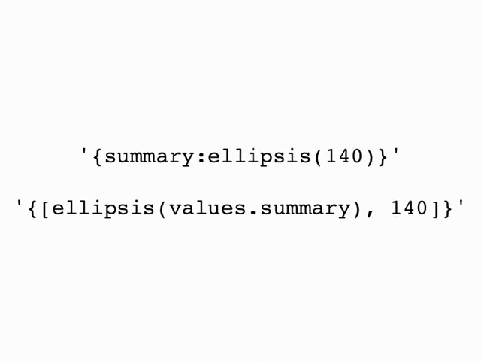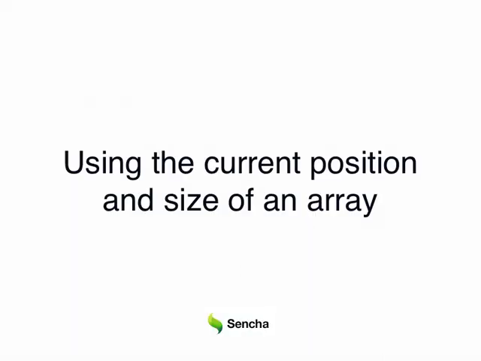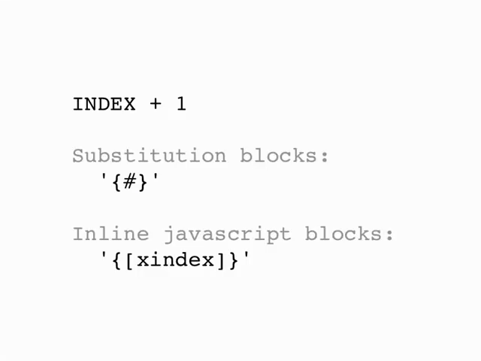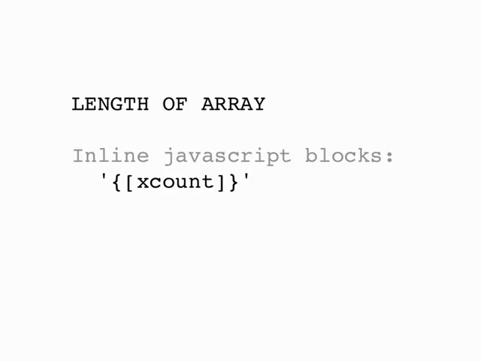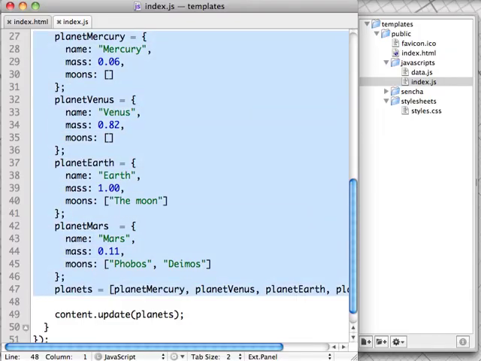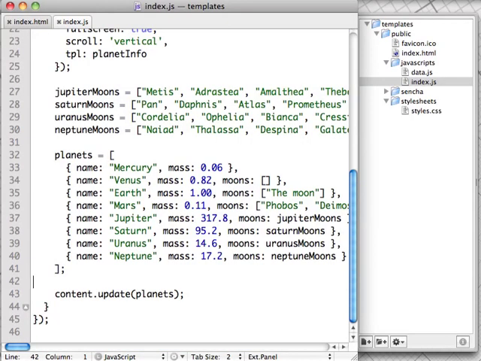For a comparison of the shorthand notation with the inline JavaScript, here are two equivalent statements. The current index, which is available through the hash variable in curly braces, is referenced instead with the variable xIndex. Additionally, you have access to an xCount variable, which represents the length of the array that is currently being iterated through. I'm going to complete my dataset by adding the remaining planets with their moons.